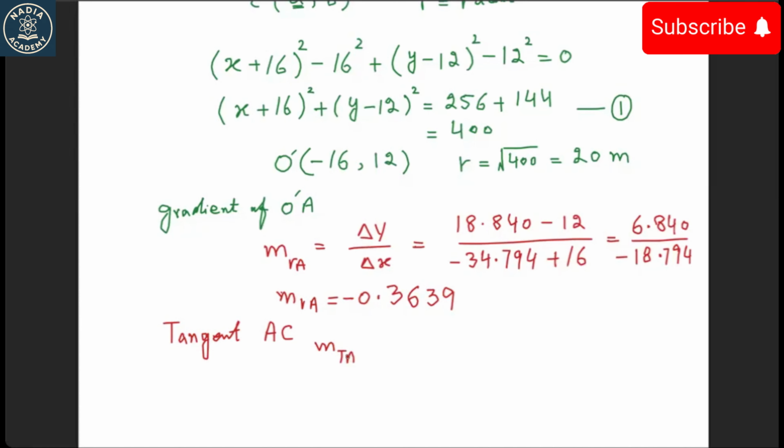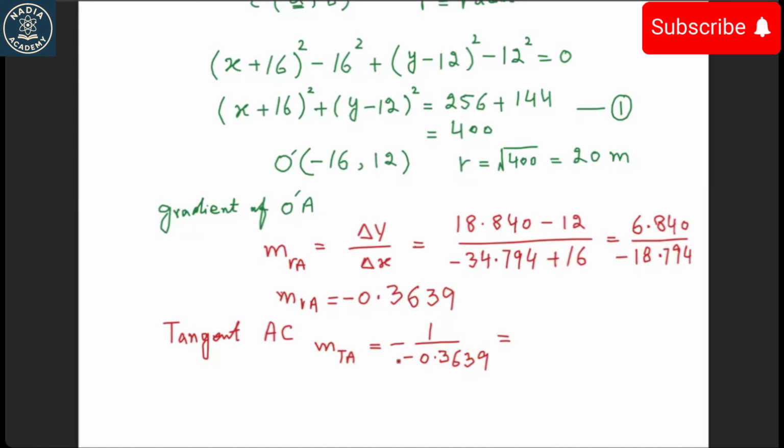MTA. That will be equal to the negative reciprocal, that is the right word, of this MRA, which is negative 0.3639.